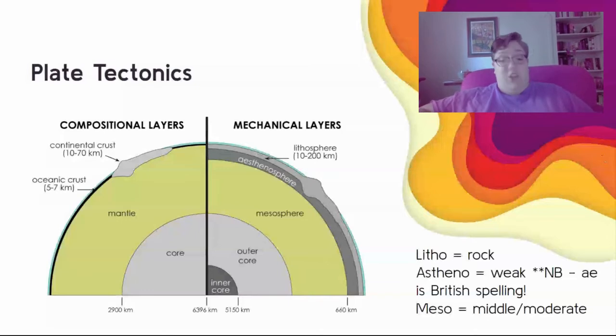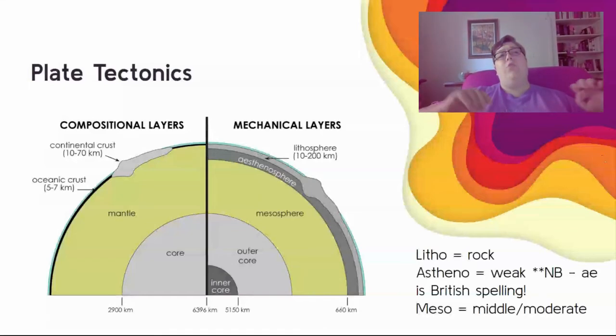But whichever way you spell it, astheno means weak. So that's the part where it's still solid, but it's a higher temperature. So it's a little closer to fluid. So it's a solid, but it's much more movable.